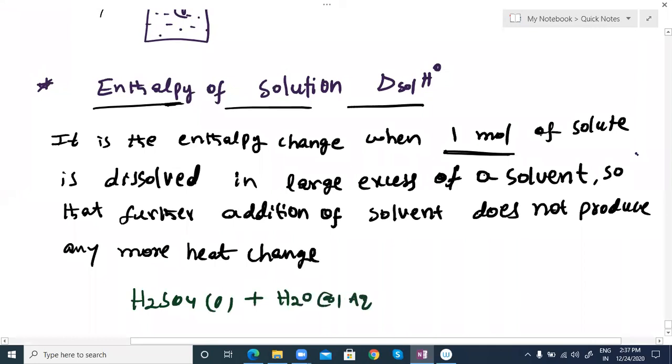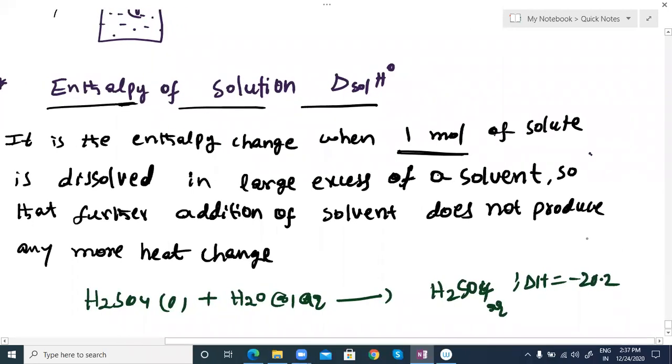They will provide H2SO4 plus H2O giving H2SO4 aqueous. That releases energy: delta H equal to minus 20.2 kilocalorie.